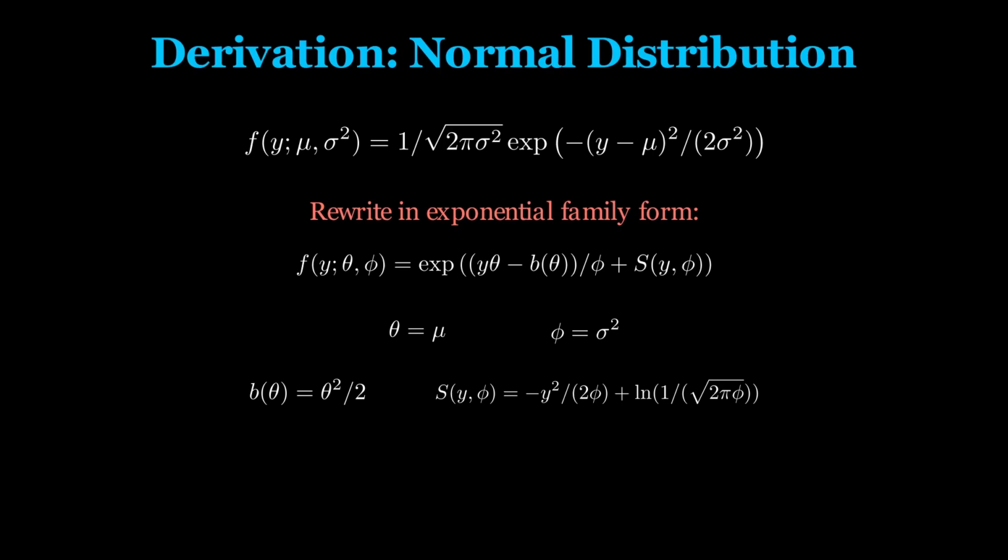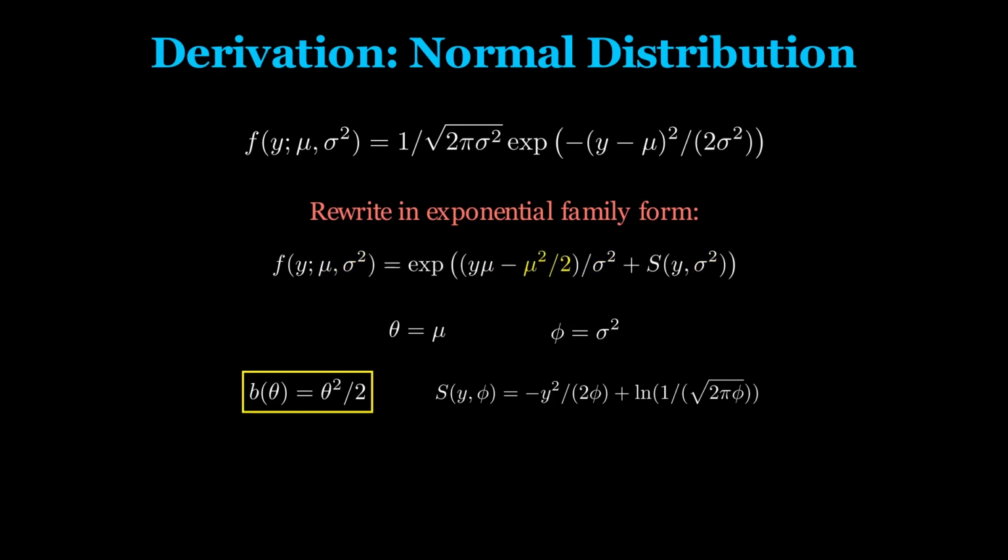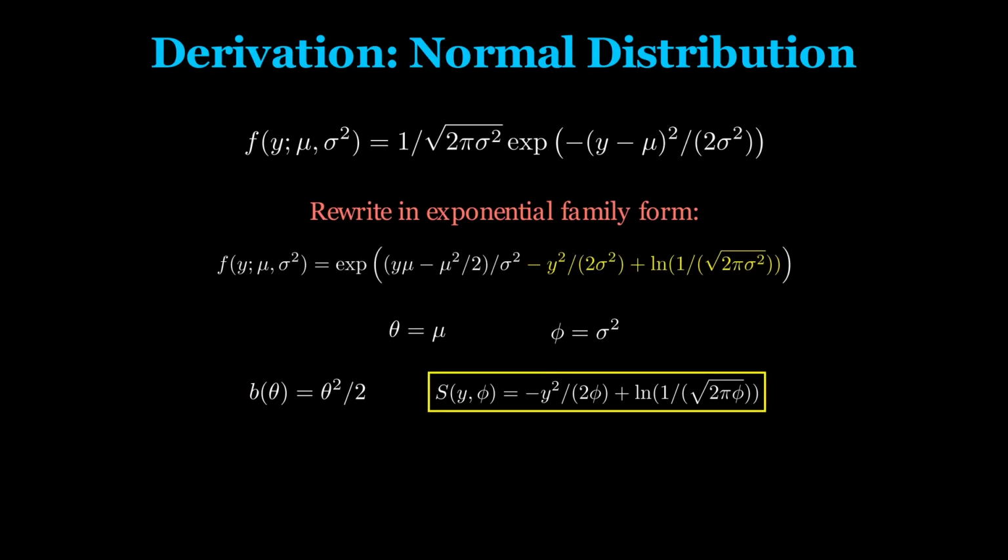Let's plug in these components into the exponential family form to verify that the normal distribution fits this form. First, we substitute theta with mu. Next, we substitute phi with sigma squared, the variance of the distribution. Now we substitute b of mu with b of theta, which we identify as theta squared divided by 2. Finally, we substitute s of y and sigma squared, which includes the remaining terms from the normal PDF.